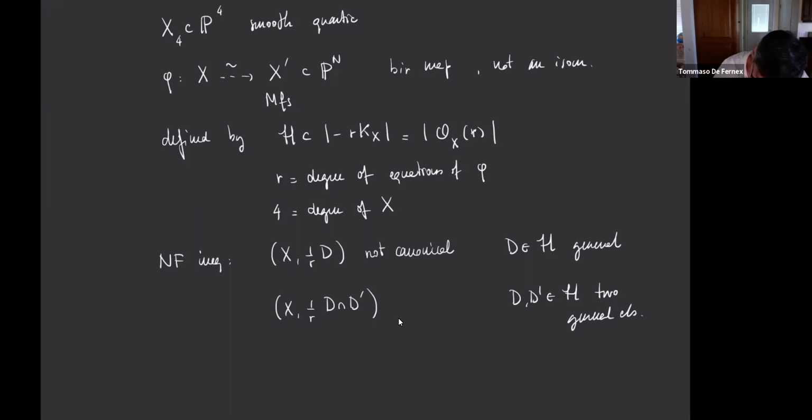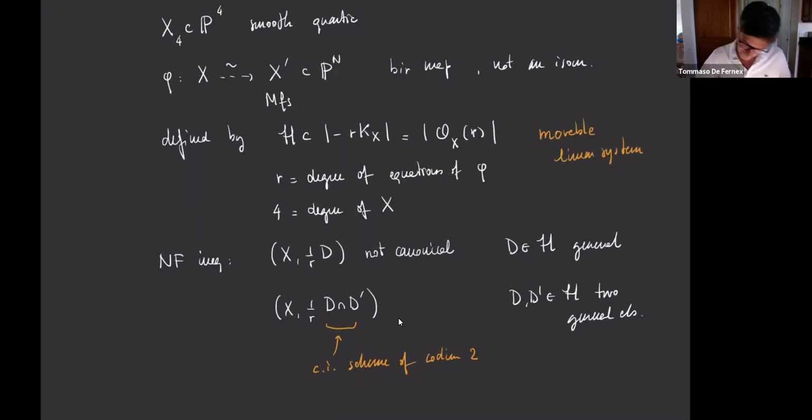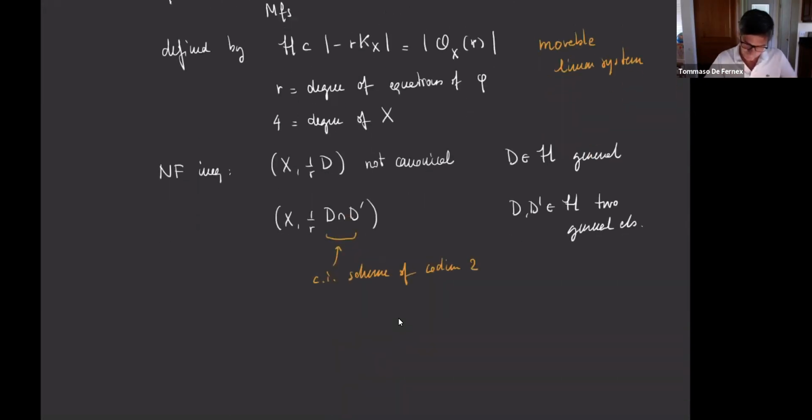So then this one is a complete intersection scheme of codimension 2, because H is a movable linear system. So the idea is that here I have two types of information.